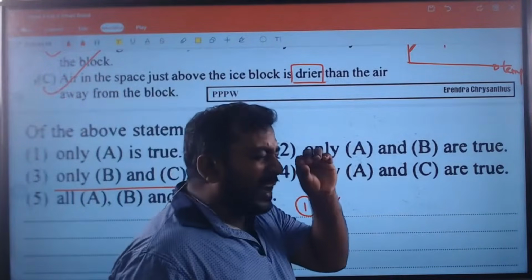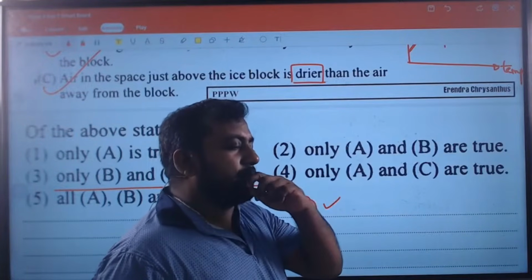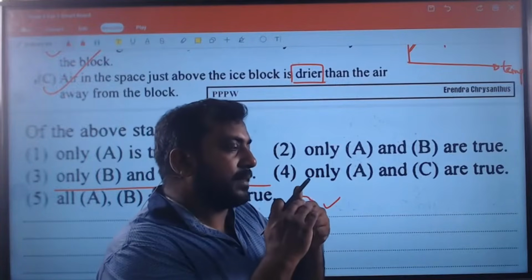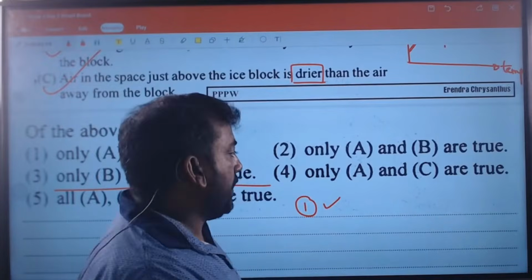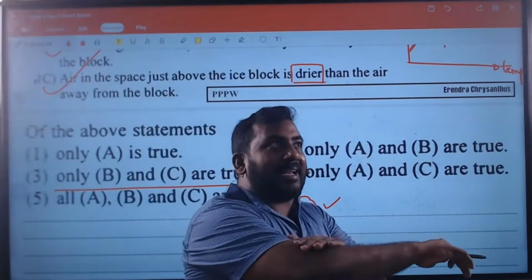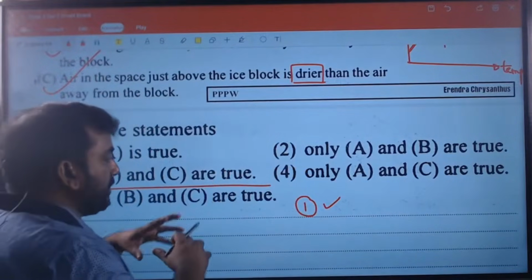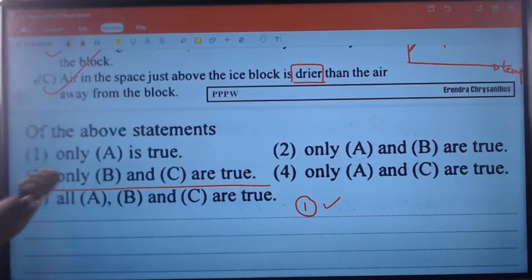Sorry, relative humidity is 100%. My mistake. Relative humidity is 100%. This means absolute humidity will keep on reducing, which means it will get drier. Okay. So the correct statements are B and C.